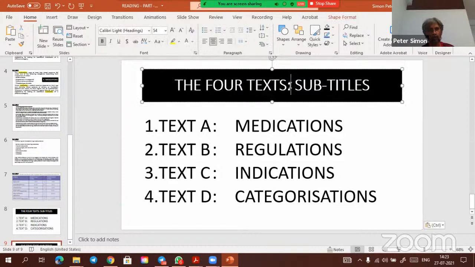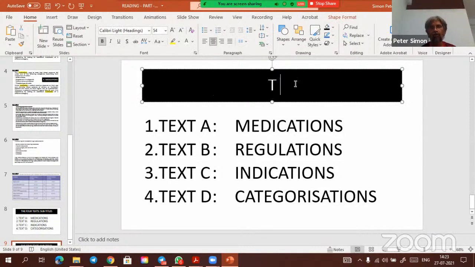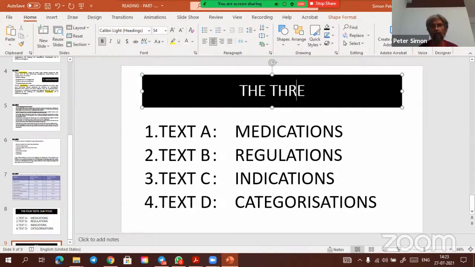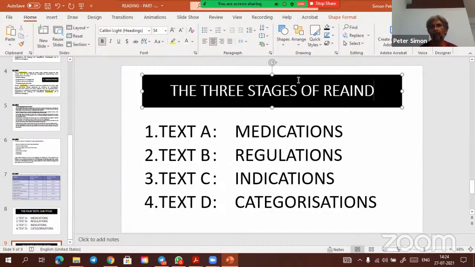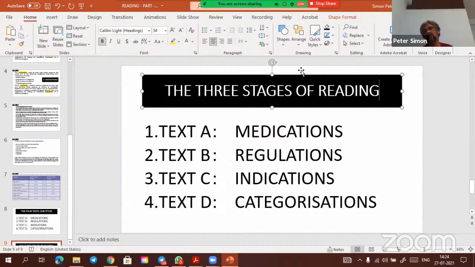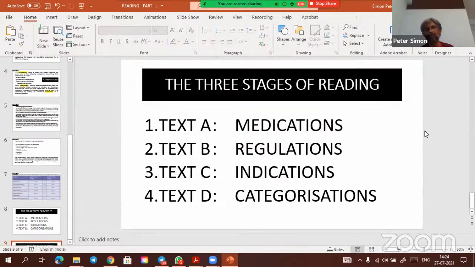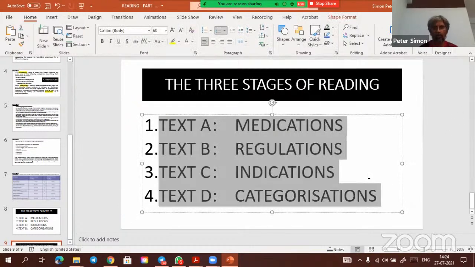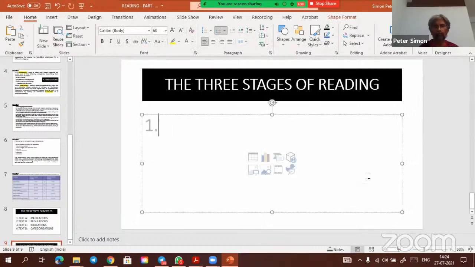Okay. The three stages of reading. What are the three stages of reading? Number 1, skimming.